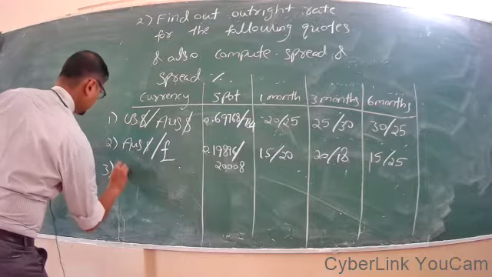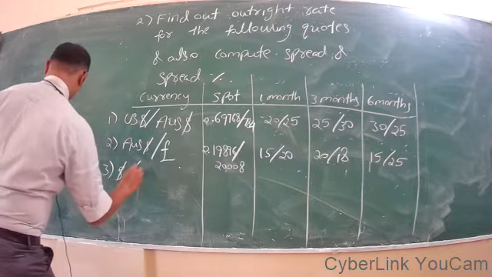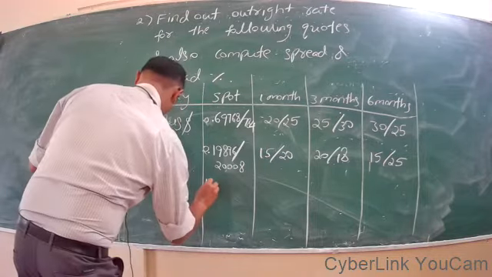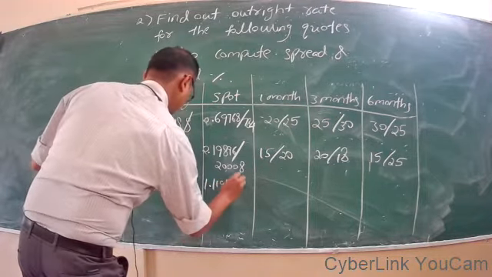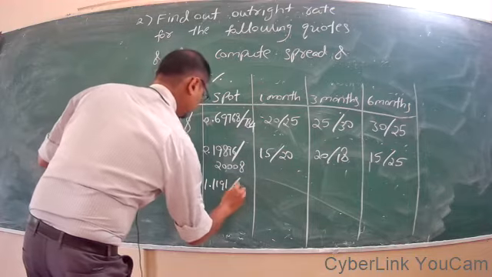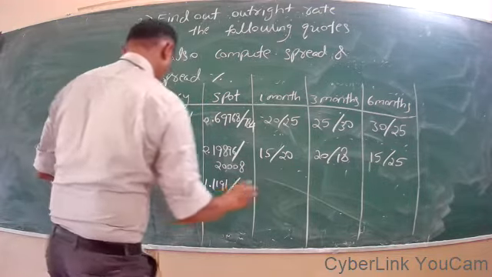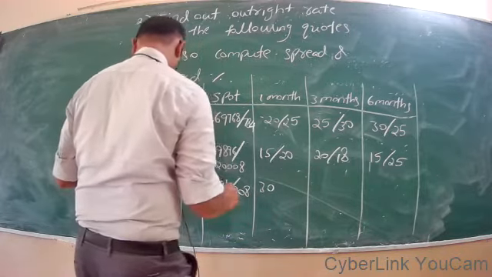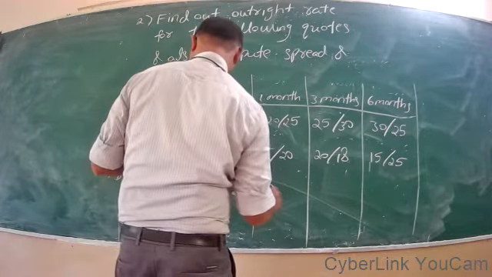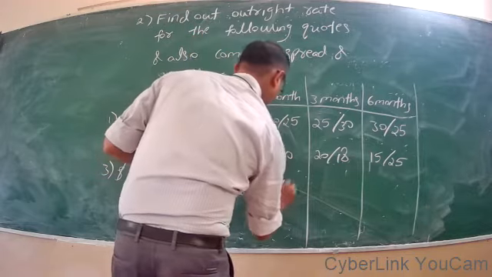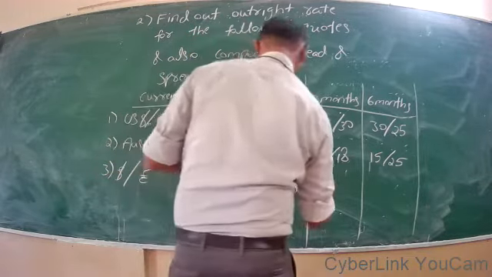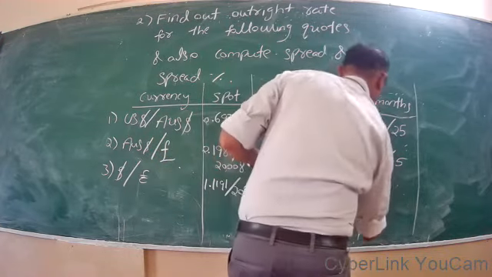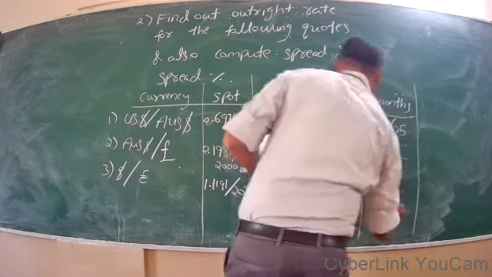This is US dollar per euro, 1.1191 oblique 208, 30 oblique 40, 35 oblique 30 and 25 oblique 30, right?